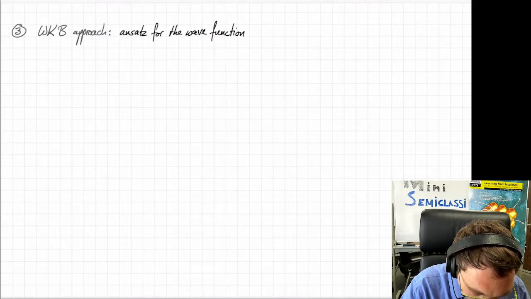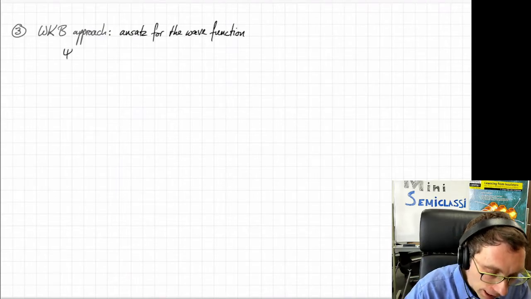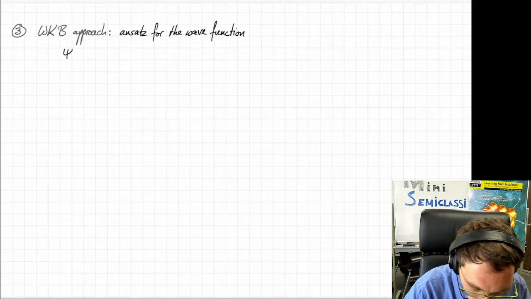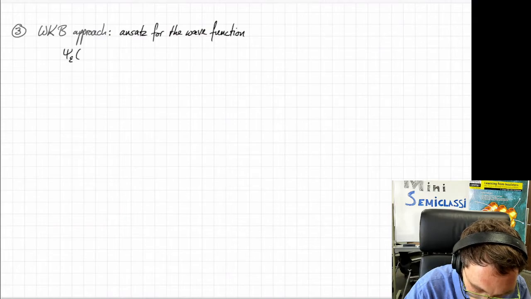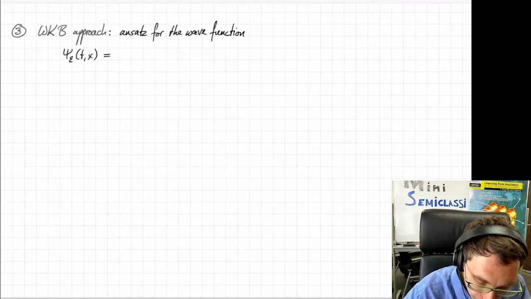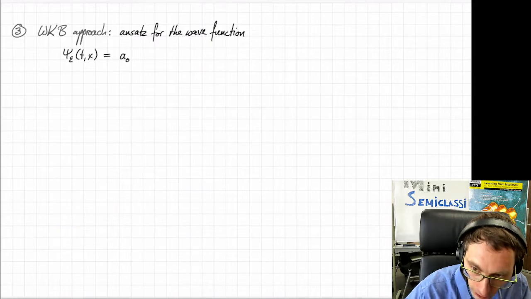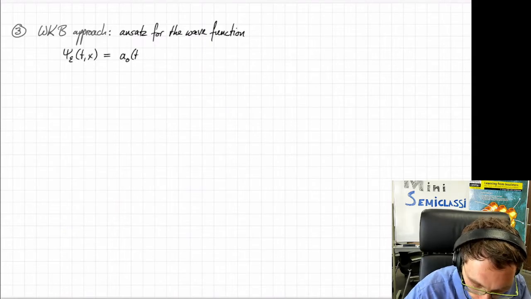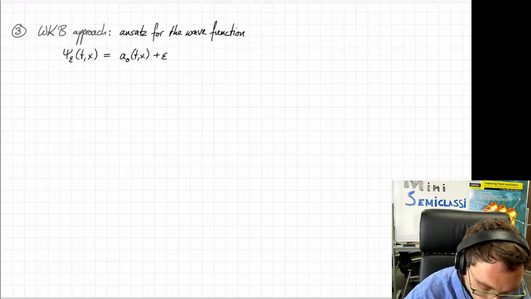Namely, the amplitude of the wave function varies on a different scale than the phase. So the amplitude is assumed to have an expansion in epsilon.